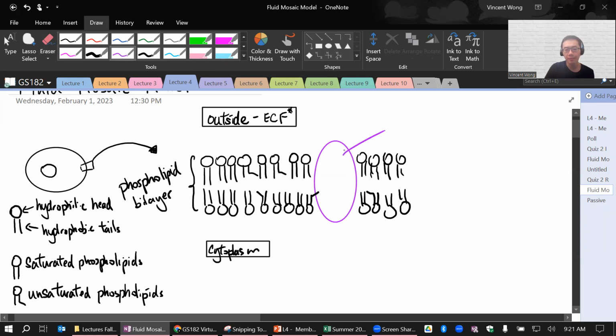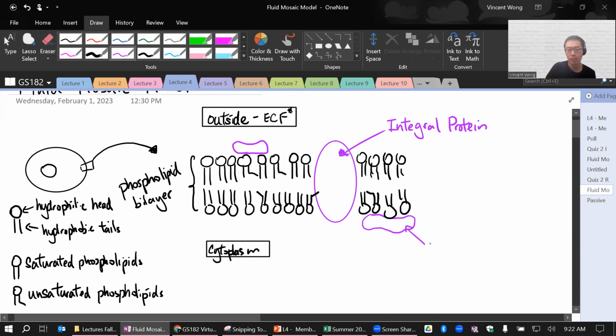Now this protein that goes all the way through the cell membrane, that is an integral protein. Right? It passes through the entire phospholipid bilayer. Sometimes we have just proteins that are on one side and it doesn't go through.